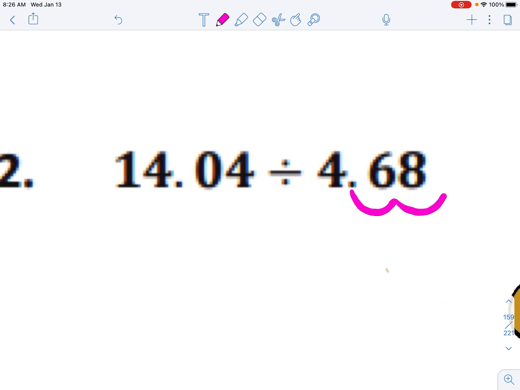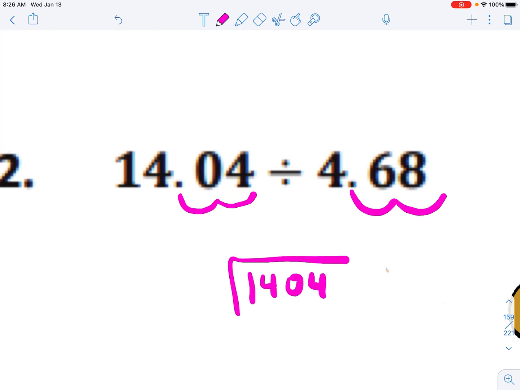Okay, so in this case, I'm going to move the decimal 2 places to the right. So I have to do the same thing to the dividend. So now my problem turns into 1,404 divided by 468.